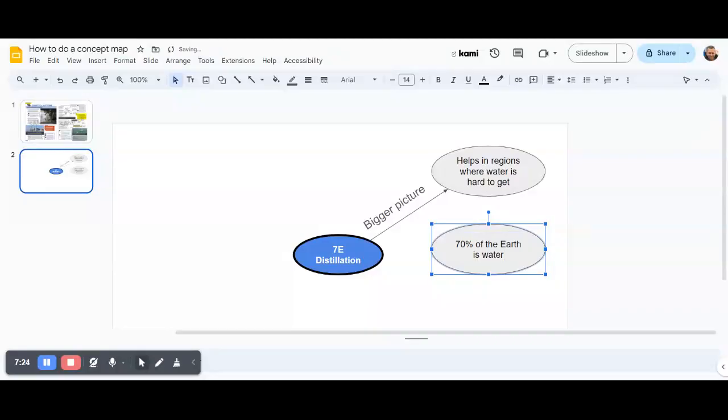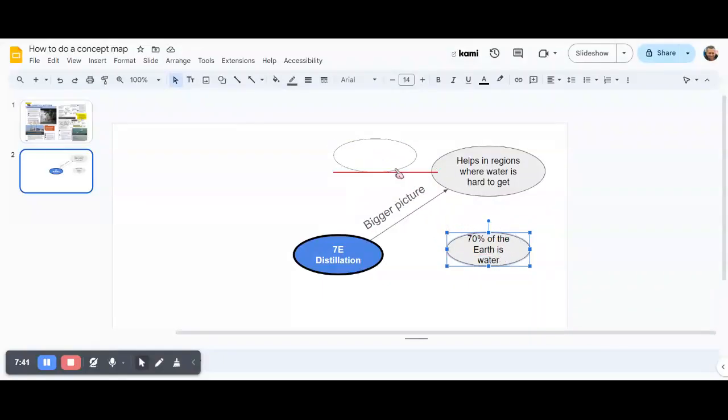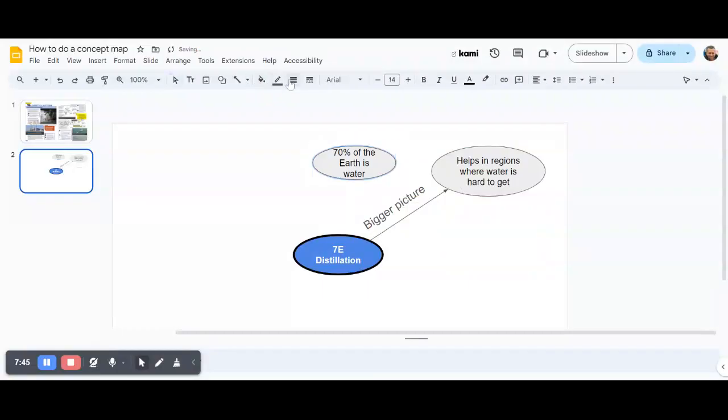It seems to be like a fun fact, so we could have that as part of our bigger picture. Let me move this icon, and we're going to use our arrow. This is the second part of our concept map.